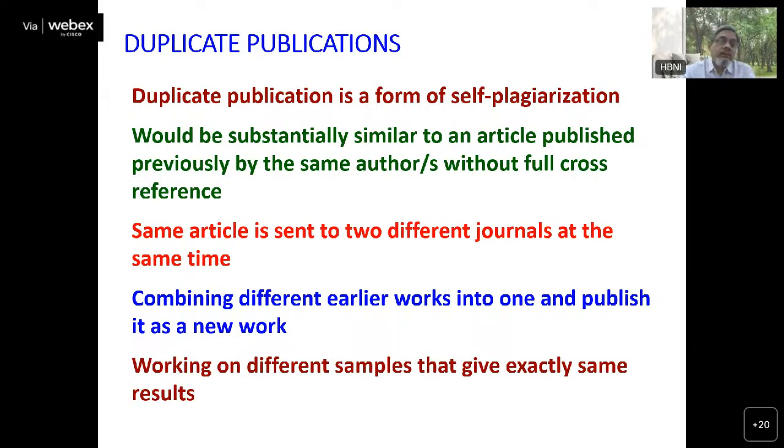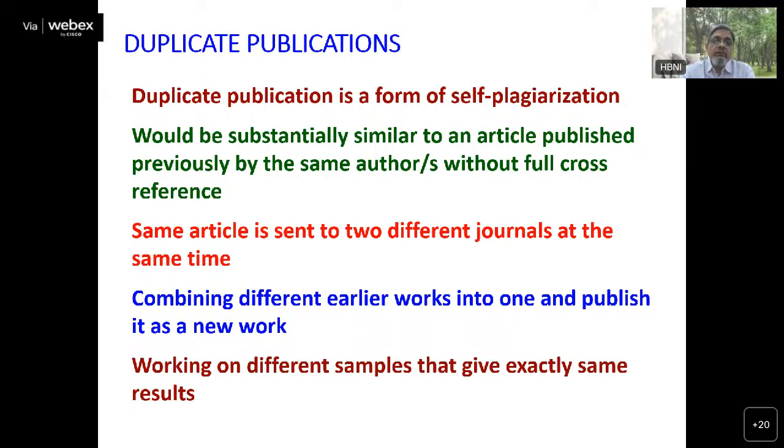Then I have discussed one paper last lecture where you have very similar manuscripts or papers which were published almost at the same time, and they resulted mainly because the same manuscript literally was sent to two different journals at the same time. And then another way to get a duplicate publication is if you have published several works earlier, you combine all of them and then make another publication out of it.